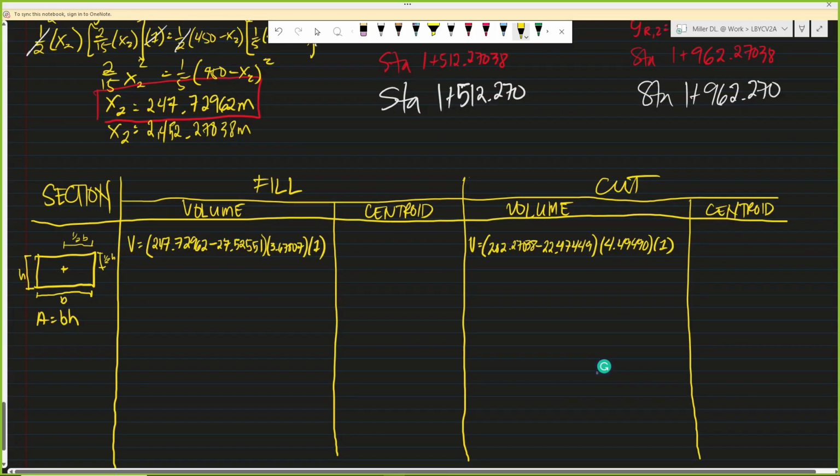Ang volume natin, basically, area times the thickness. So, that would be area times 1, or base times altitude times 1. Okay? Sige, compute for the volumes para sa fill and cut using the given rectangular part.